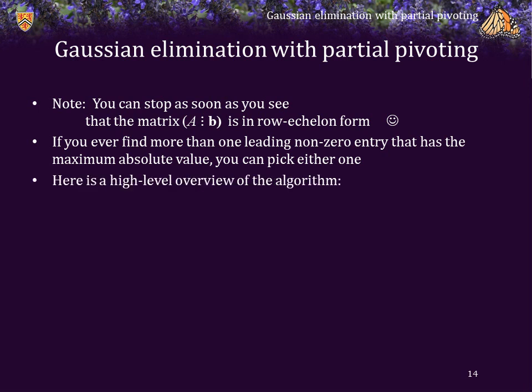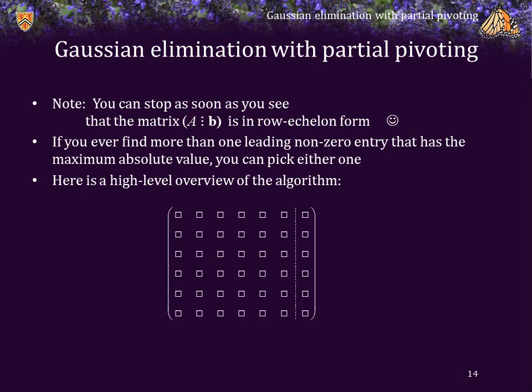Let's take a high-level overview of how this algorithm will work. Suppose I have a matrix here that has non-zero entries more or less everywhere. So we start with the first column, and we check each of those entries, and we find that one which is largest in absolute value.